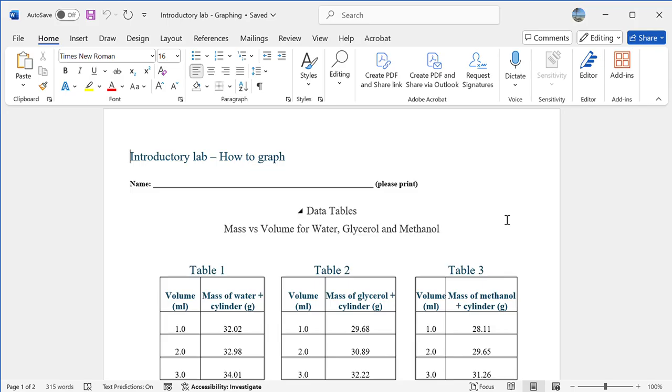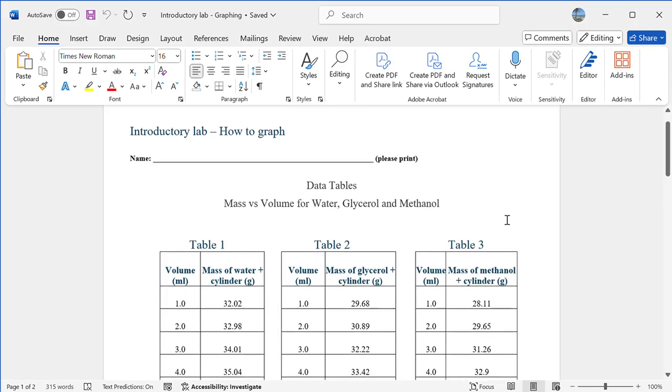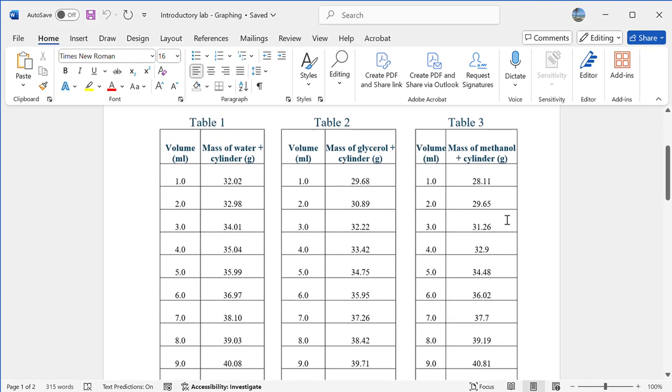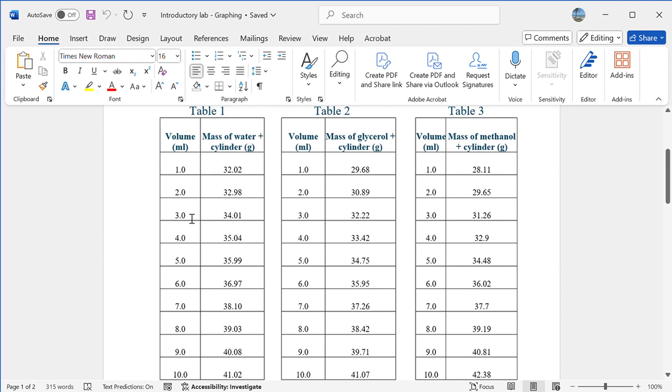We will be using those techniques in a couple of other labs during the semester, so I felt it was important to tackle it right at the beginning. So for this lab, you are given 3 tables with a volume versus the mass of water plus cylinder in table 1.